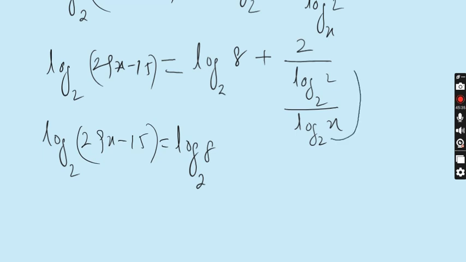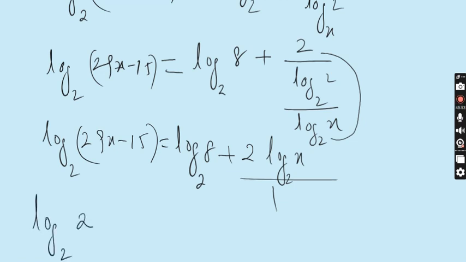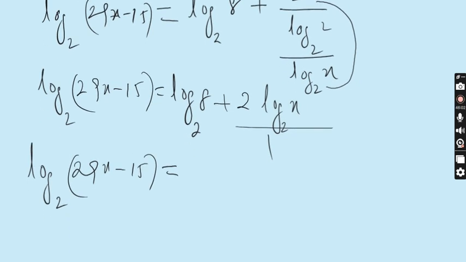This log 2x must multiply by 2, so it will be 2 log 2x upon, and this log 2 is 1, so log base 2 of (9x minus 15) is equal to log base 2 of 8 plus, this 2 becomes the power of x, so it is log base 2 of x square.